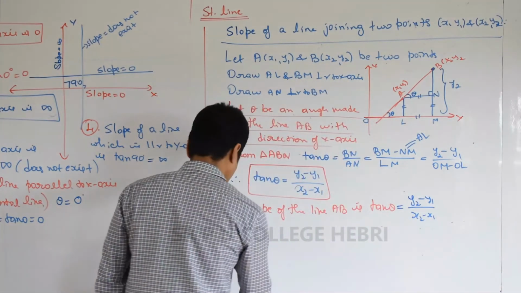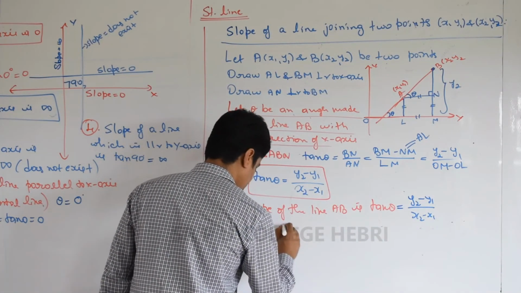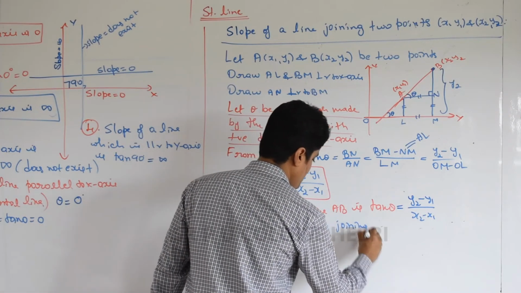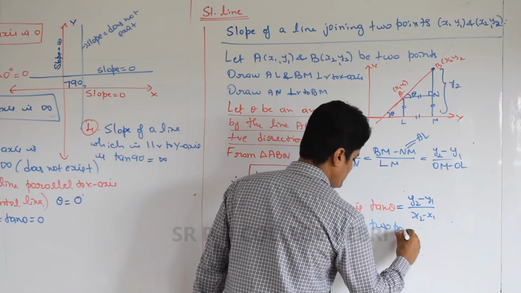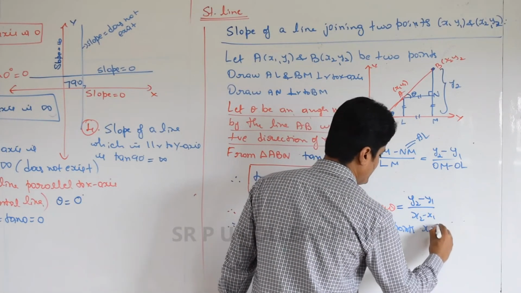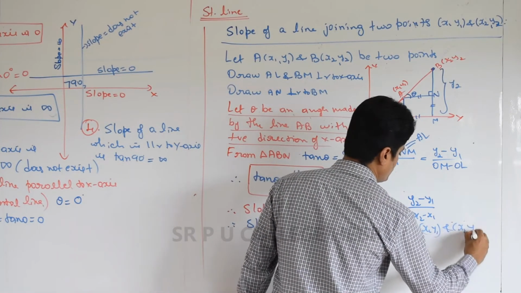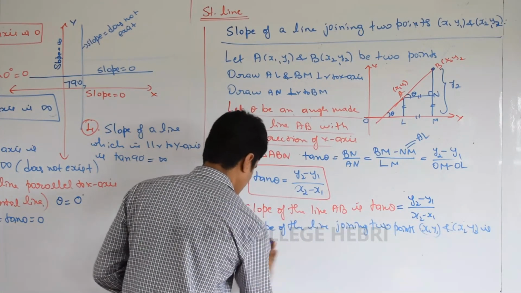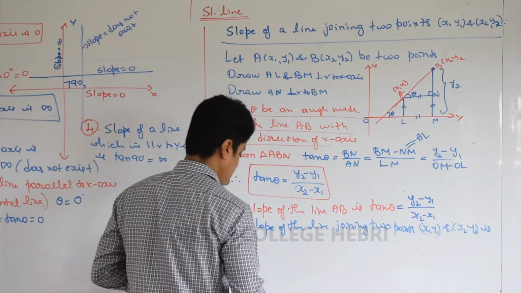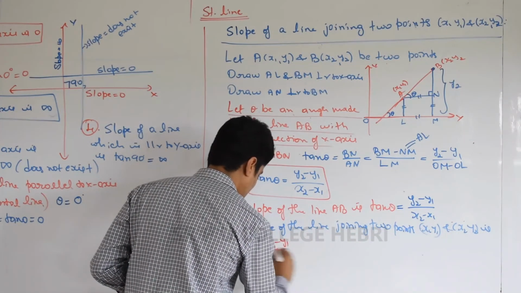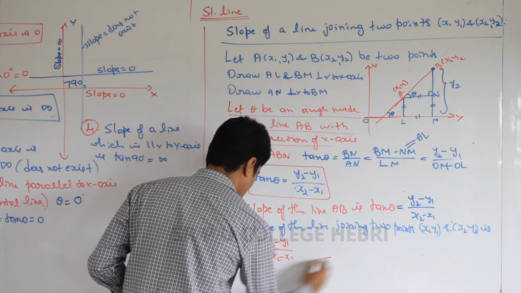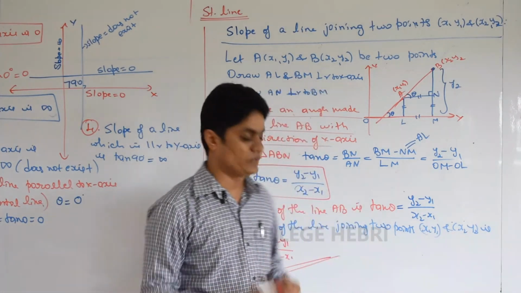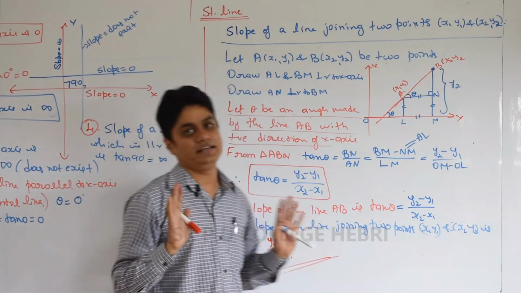So the slope of the line joining 2 points x1 y1 and x2 y2 is y2 minus y1 by x2 minus x1.